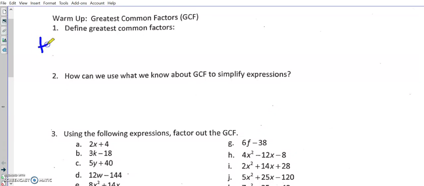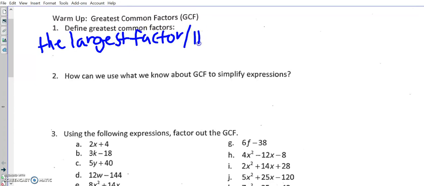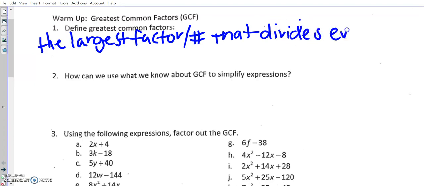So it is the largest factor or number that divides evenly into another. So let's think of an example.